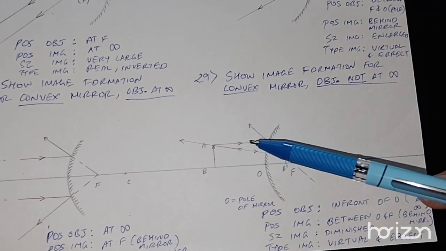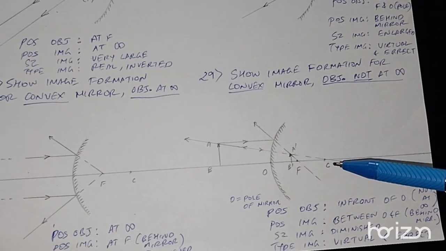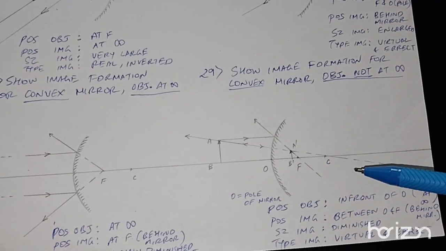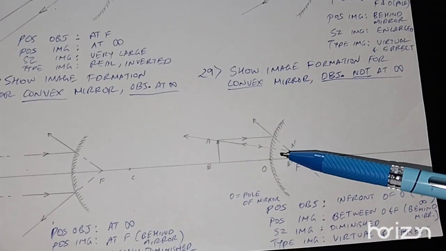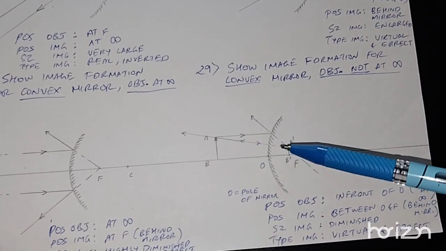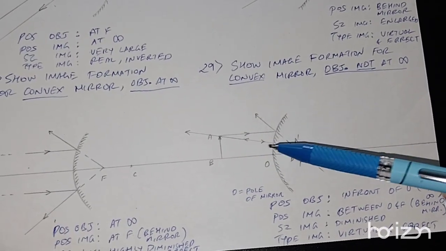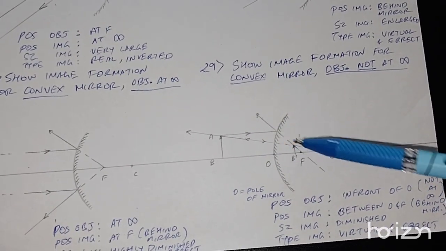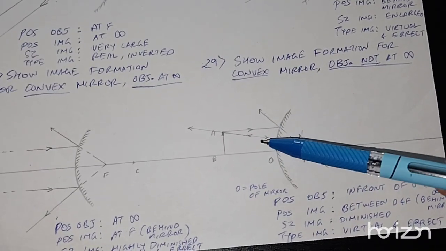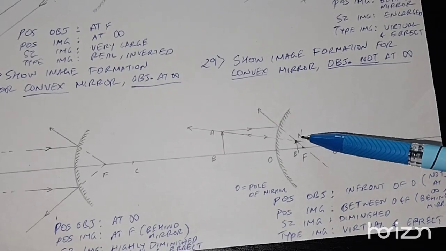Note that. And if you shoot another ray which is along the direction of the radius, which passes through C, then that ray will get reflected back on the same line but in the opposite direction. So these two reflected rays, one appearing to come through F and one appearing to come through C, both intersect behind the mirror at A dash.